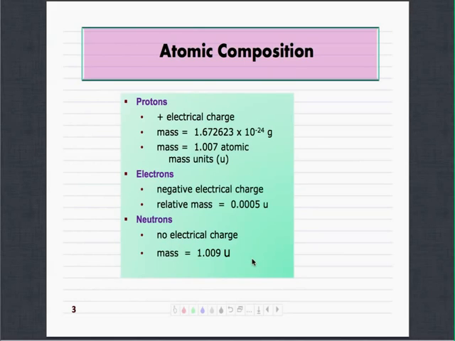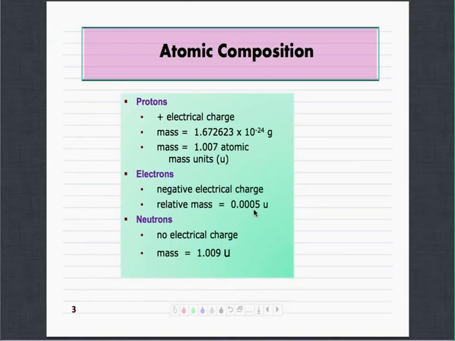The electron is negatively charged. The mass of the electron is 0.0005 mass unit. This is why usually the mass of the atom is coming from the proton and the neutron. Why? Because the mass of the electrons is so tiny that it is negligible compared to the mass of the proton and the neutron.